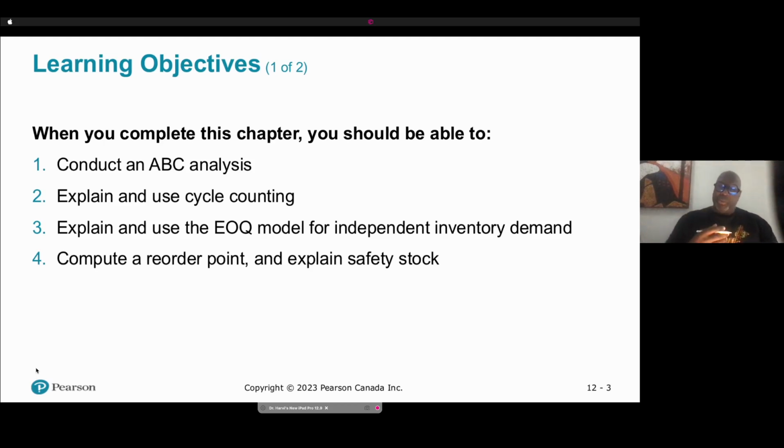It's very important to keep an accurate count of the inventory that you have because it is often a significant investment, financial investment, and so therefore inventory accuracy is also very important. Then we will first start to focus on the two key decisions that we have to make when we're managing inventory. One is called when to order, and the other one is how much to order.